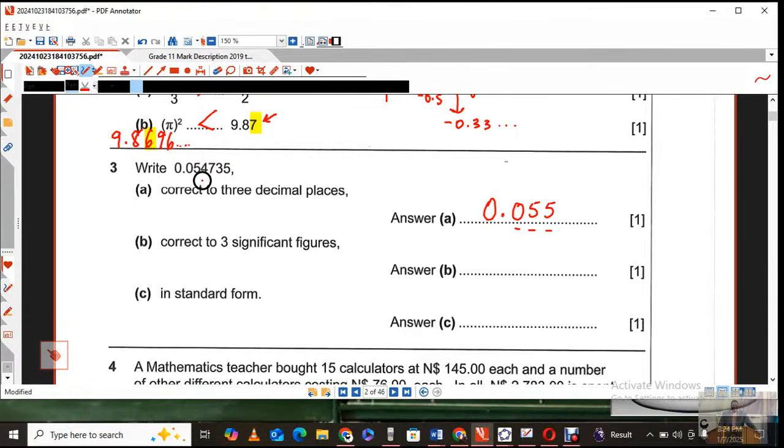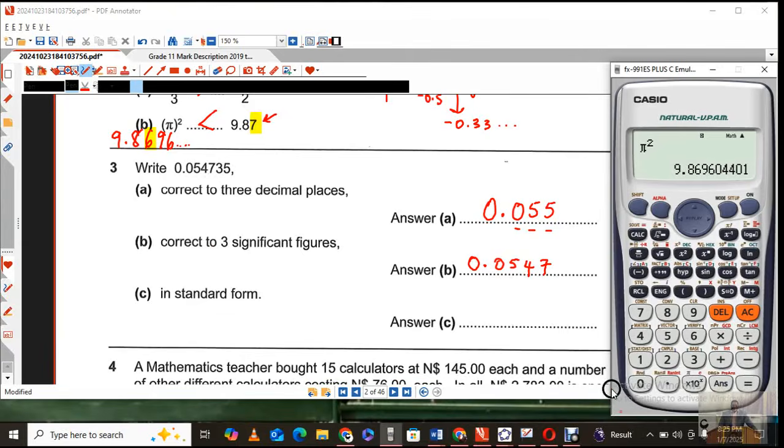But you do not throw away the zeros there, so you still have 0.0, but your significant figures start from the most significant value, which is this 500s here. So that's the first, the second, and the third. Of course that 3 cannot change that 7, so you just go ahead and write 0.0547.